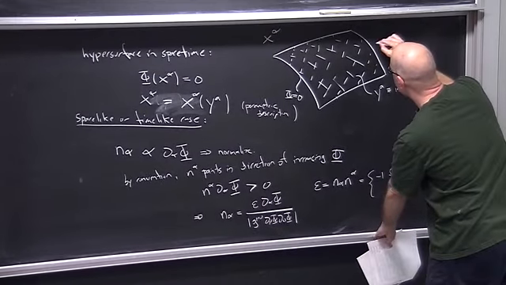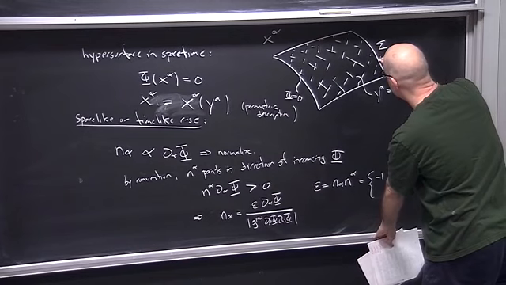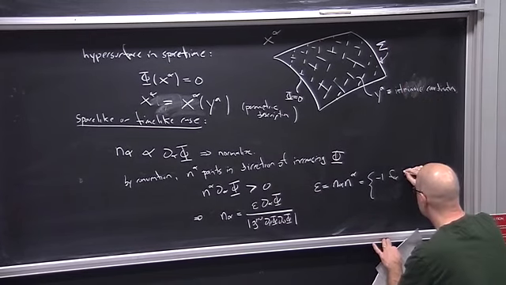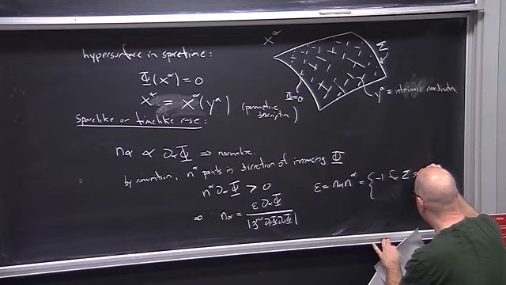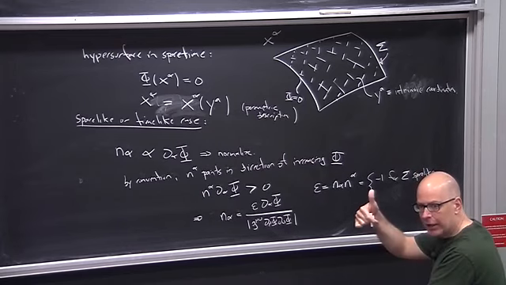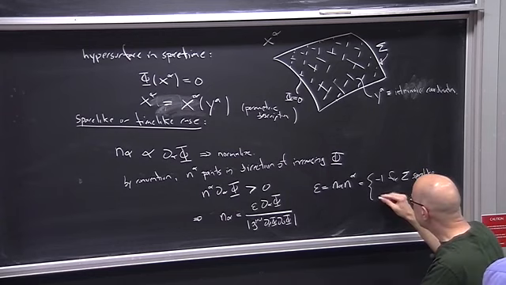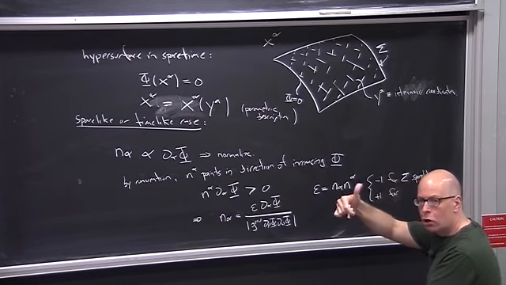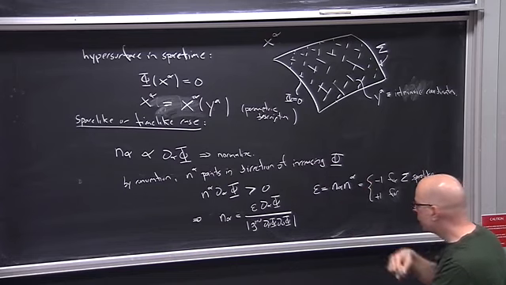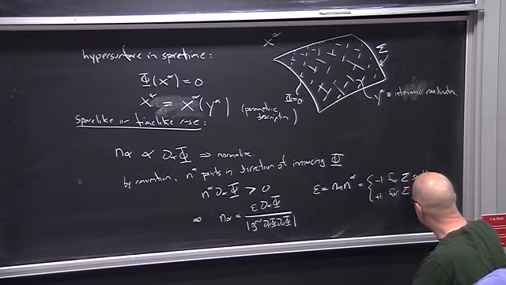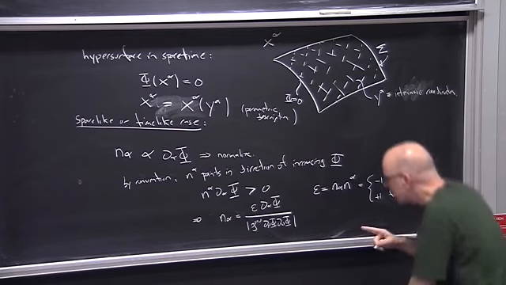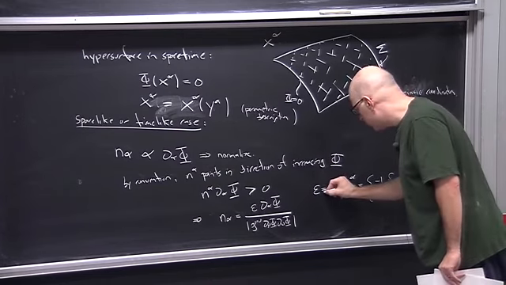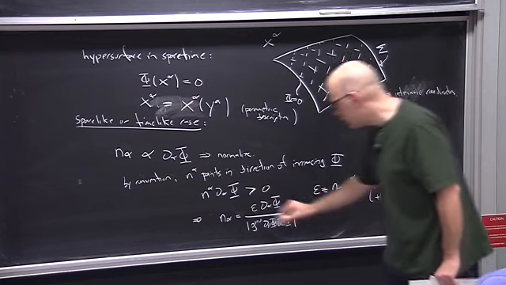My standard notation for a hypersurface is sigma. So if sigma is space-like, the normal is time-like, and its norm is negative. And if the surface is time-like, then the normal is space-like, and the norm is positive. So that's the definition of epsilon, plus or minus 1, depending on which is which.